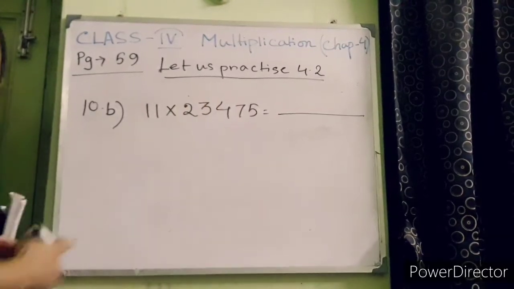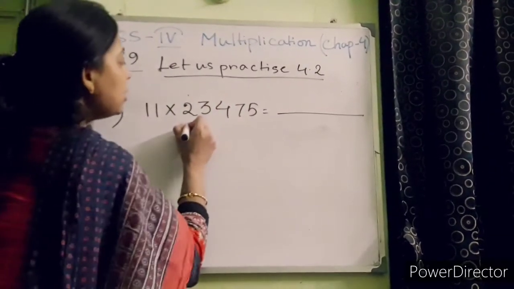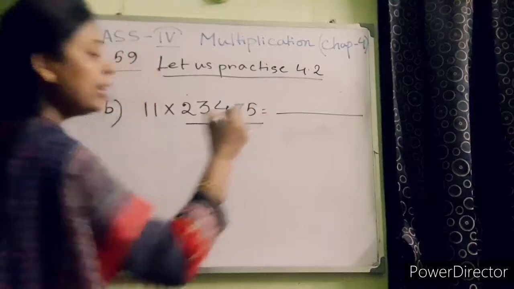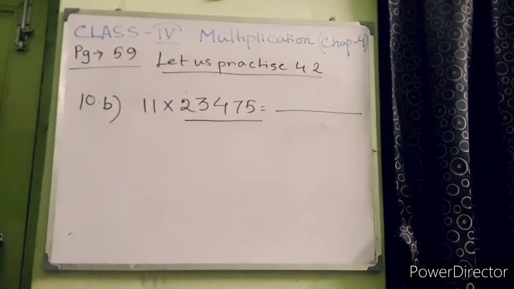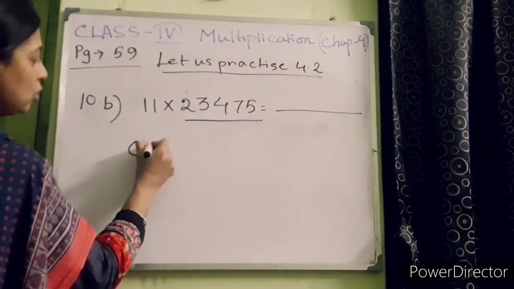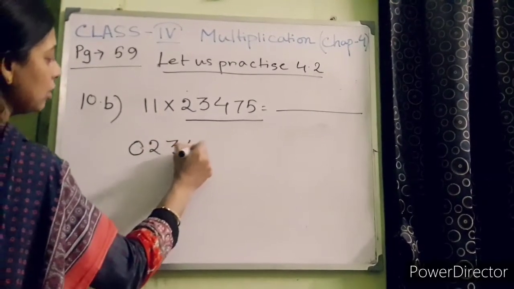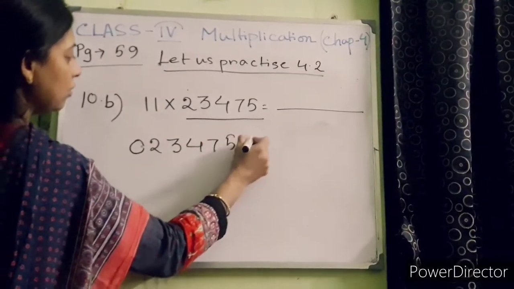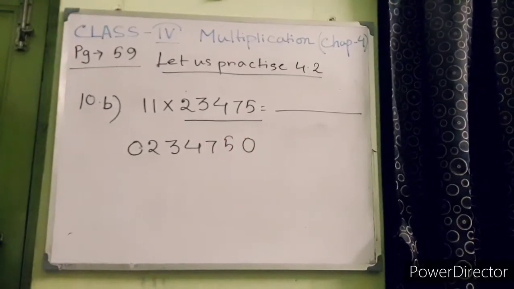Which one is the actual number? 23,475. You have to put 0 in the prefix and suffix place. So 0, 2, 3, 4, 7, 5 and 0.